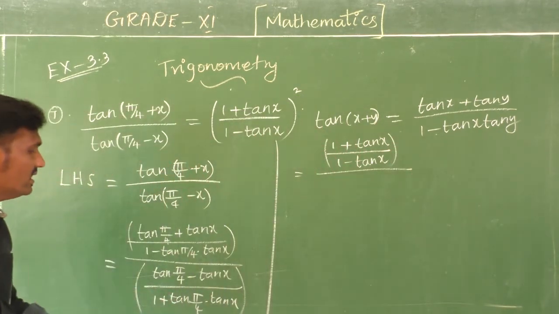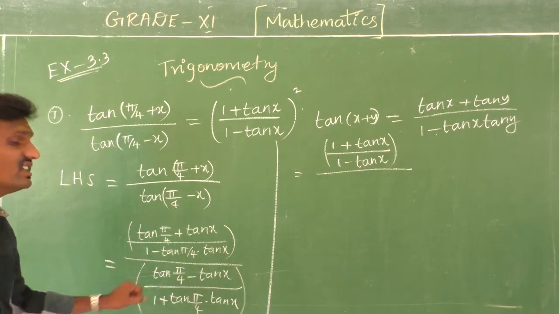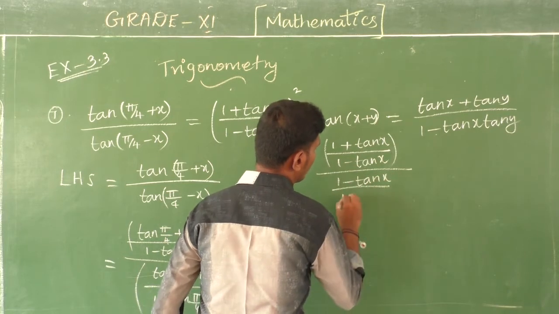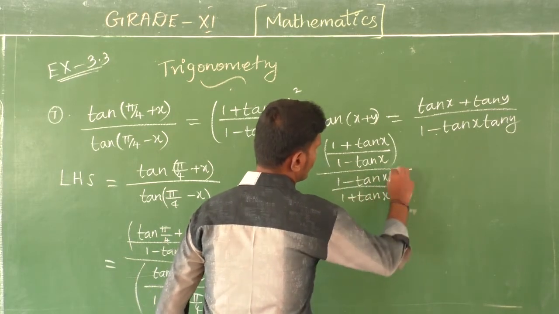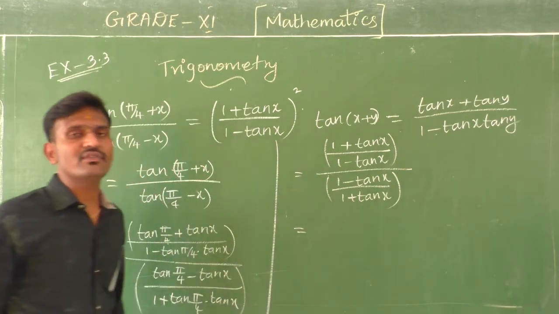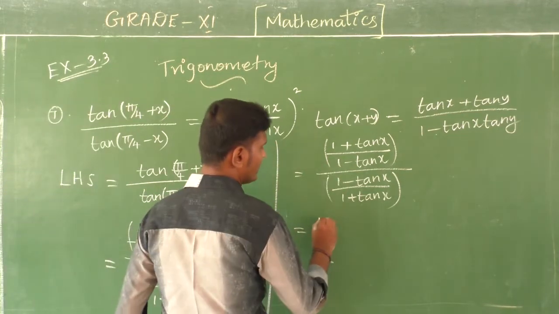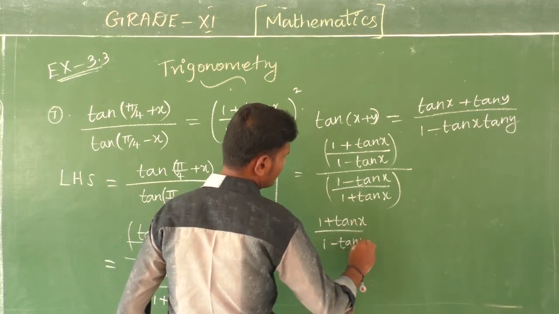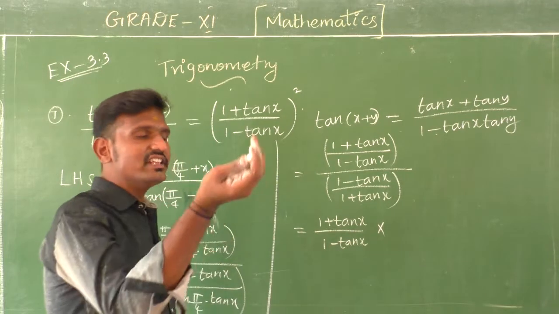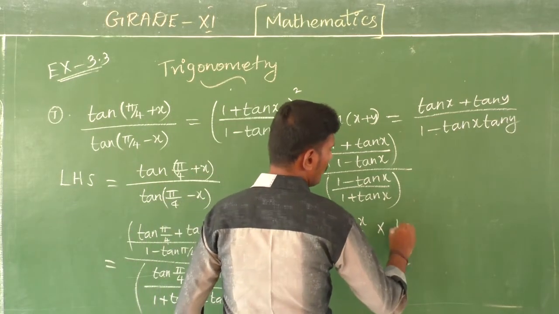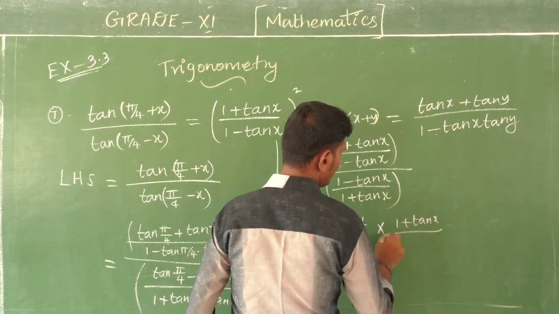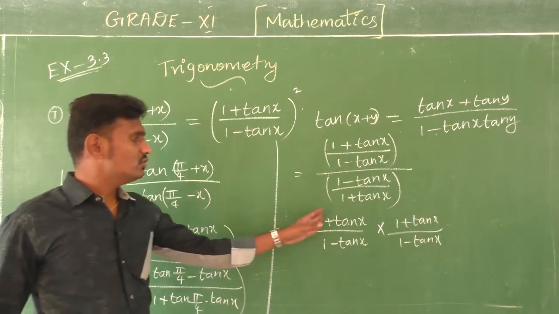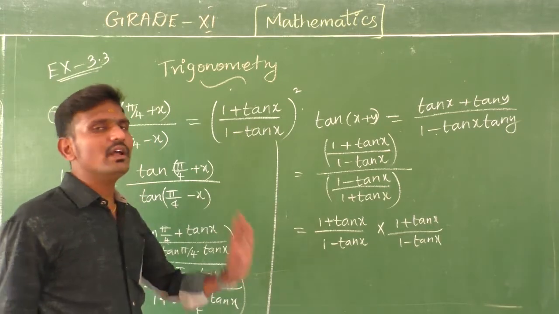Coming to the denominator, you do the same. Tan π/4 is 1, so (1 − tan x) divided by (1 + tan x). Okay, so I am taking the reciprocal of the denominator, so that is (1 + tan x) divided by (1 − tan x), and I multiply numerator to numerator and denominator to denominator.